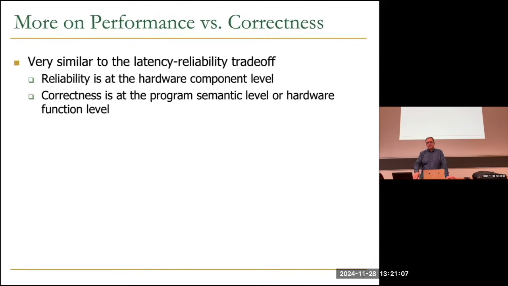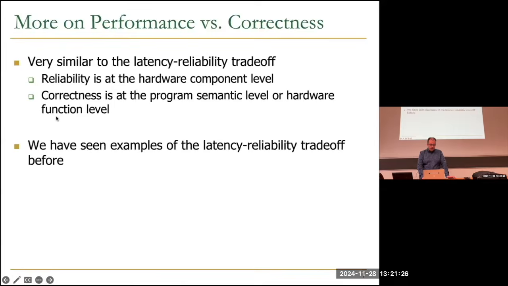Eden makes DRAM a little bit unreliable, but provides better latency. But when you think about use of Eden at the application layer for a neural network, let's say, then you are also considering this correctness issue. So you always need to consider both trade-offs here.